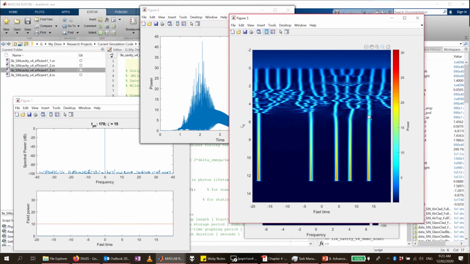Now that's not so bad, but basically we've got 1, 2, 3, 4, 5 solitons in a random formation, and it's not very energy efficient because we've pumped the entire field, so the conversion efficiency from the pump to the solitons is not too good.